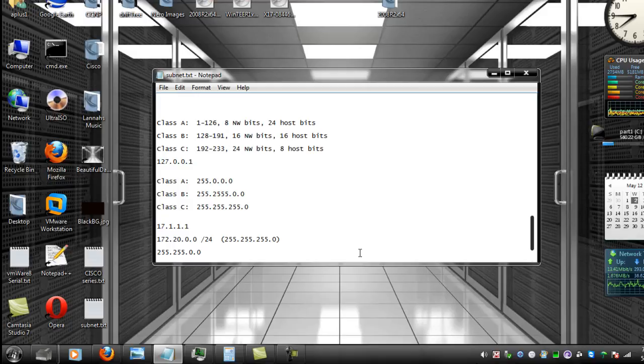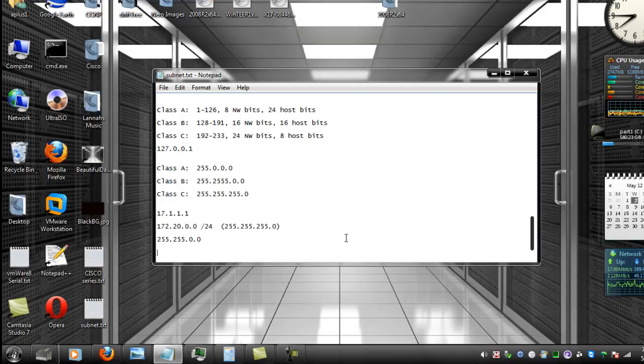If you've never walked through this before, you're going to see this a lot. You're going to know immediately that a default Class B mask is 8 ones, 8 ones, and then 8 zeros, 8 zeros.